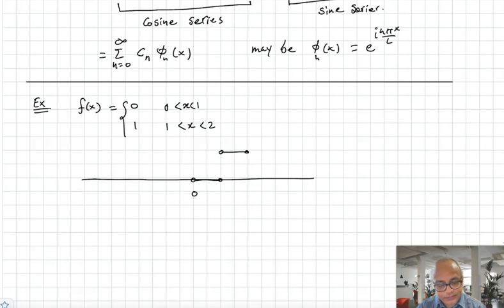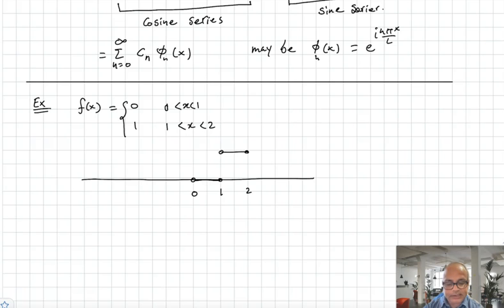So 0, 1, 2. This function here from 0 to 2, I don't know whether it is odd or even, or maybe I know it, but I can just think of extending this function to the whole real line.